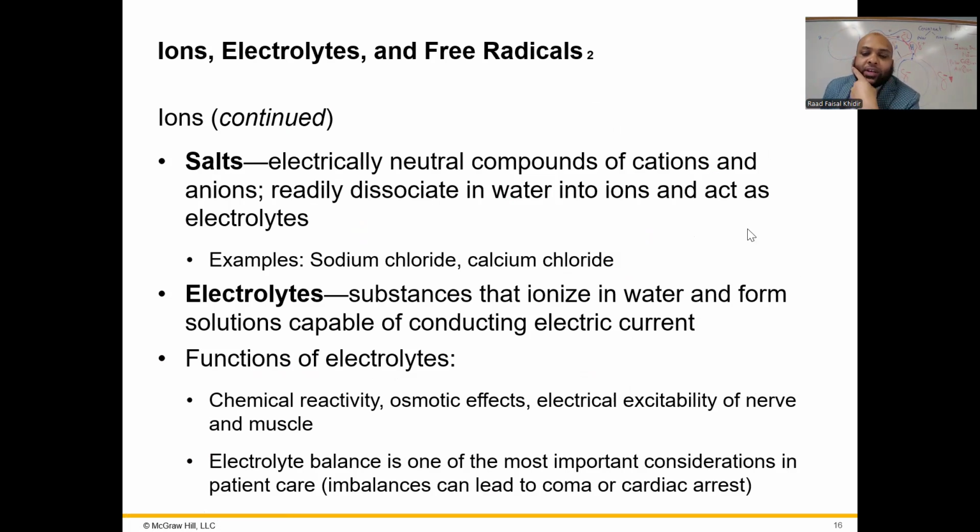Electrolytes are substances that ionize in water and form solutions that are capable of conducting electric current.